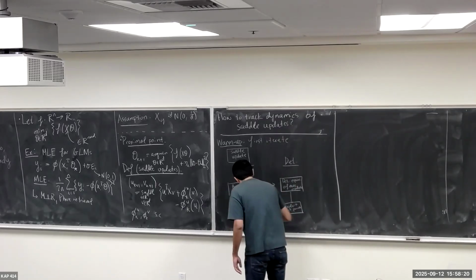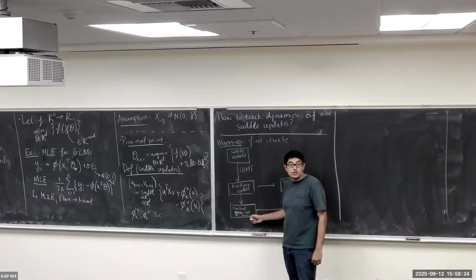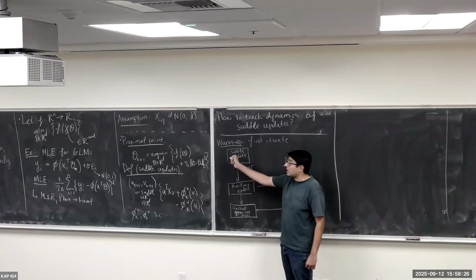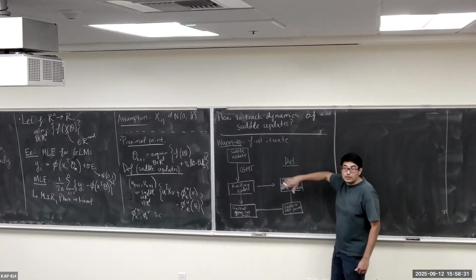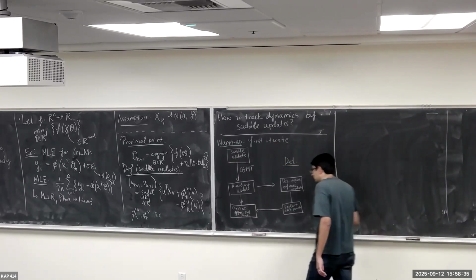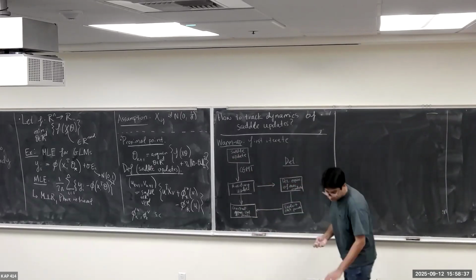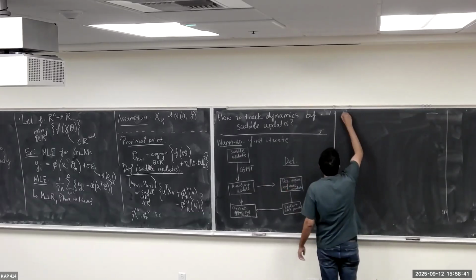And to tie things back, we're going to plug these stationary points in here, use these to construct the approximate stationary point, and that'll help us understand the saddle. So this is the roadmap of the proof that we're going to go through. We'll now be explicit about it. So the first step is the CGMT.